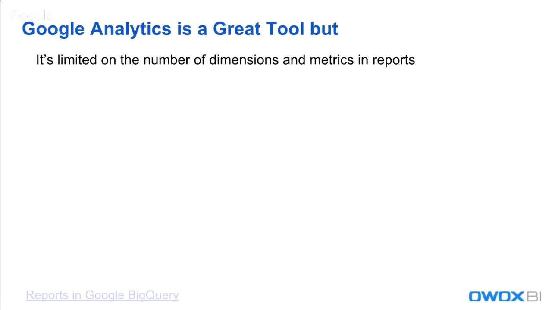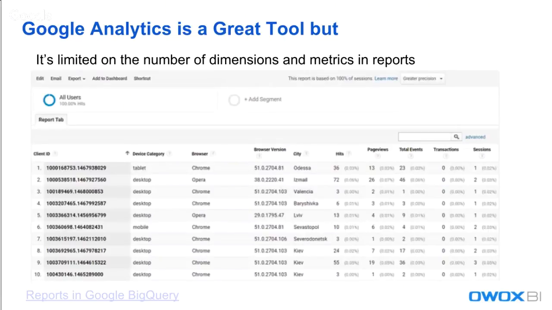To do this, you need to measure the number of page views, events, transactions, sessions that were generated by some particular users. And you also need to use attributes like device, browser, browser version, city, country. In Google Analytics, you are limited to 5 dimensions. Unfortunately, you can't do that.